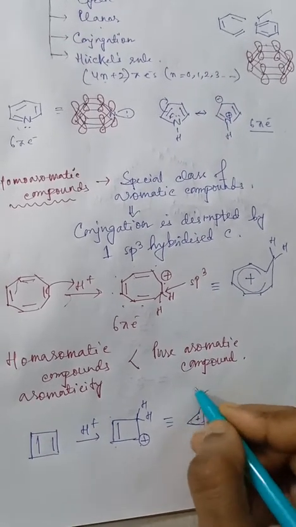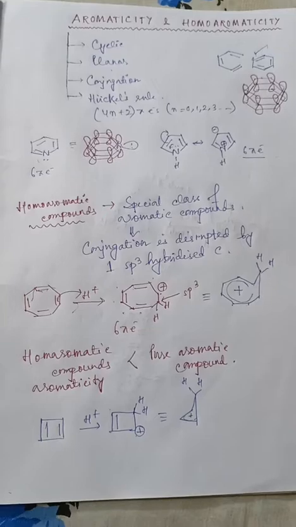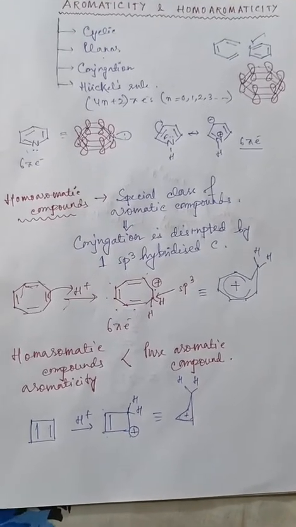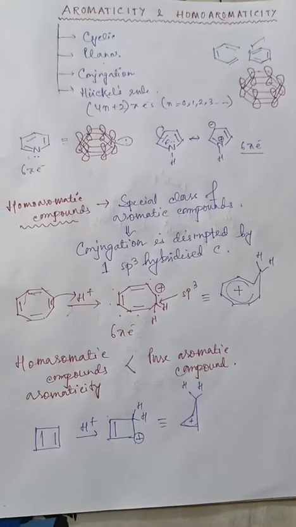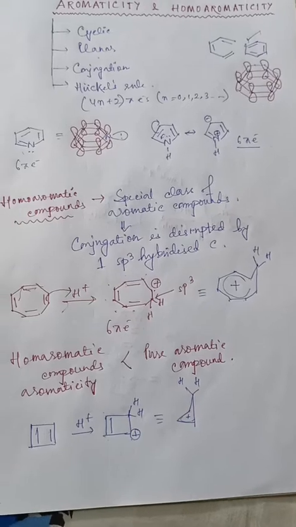Only this sp3 hybridized carbon stays above the plane. So I hope this is clear to you. What is the basic difference between these two? I'll upload a lot more examples on aromatic compounds, and there is also another category, anti-aromatic compounds and non-aromatic compounds. I'll upload later.